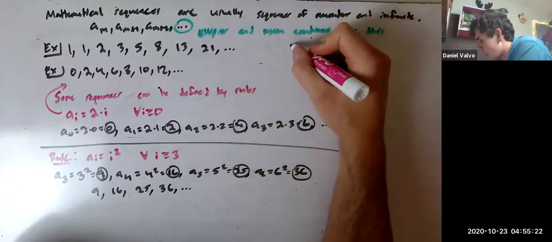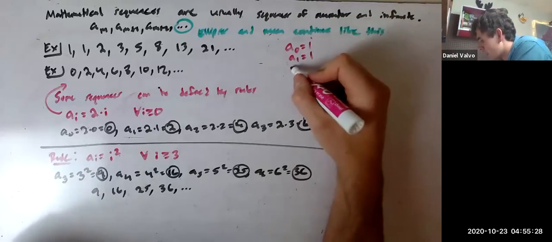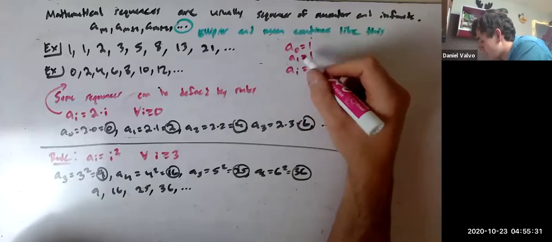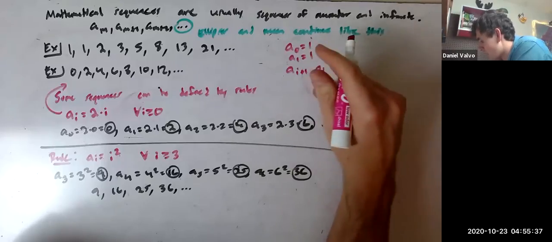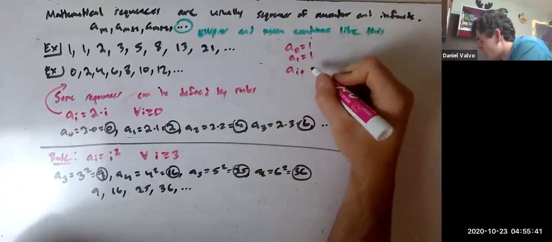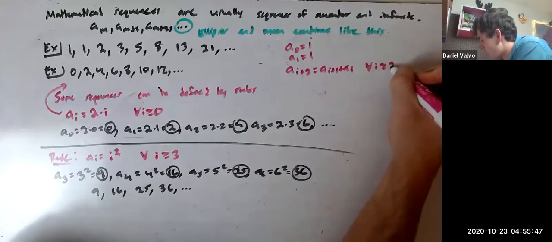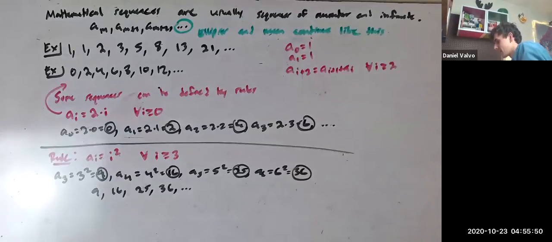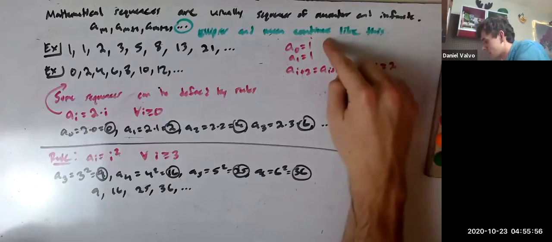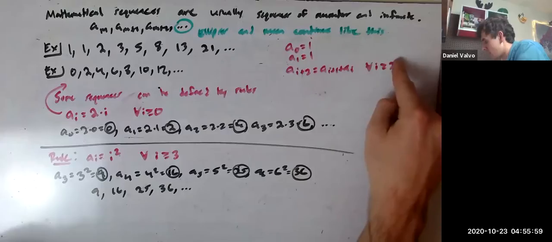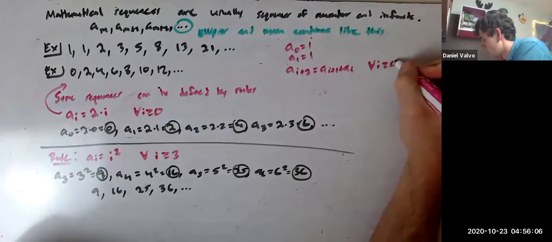But what you can say is that you can define A of 0 to be 1, A of 1 to be 1, and then A of I plus 2 to equal A of I plus 1 plus A of I for all I greater than or equal to 0.